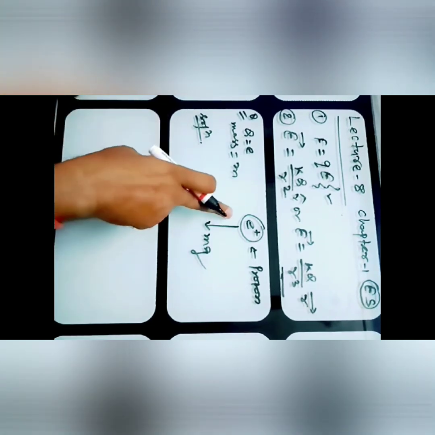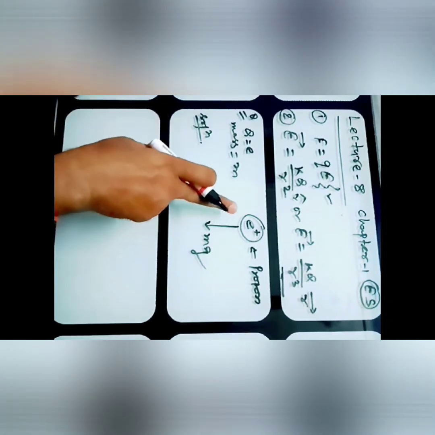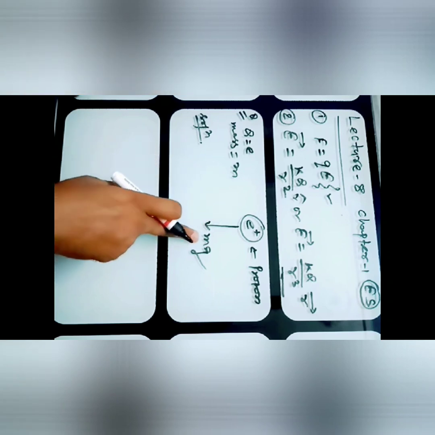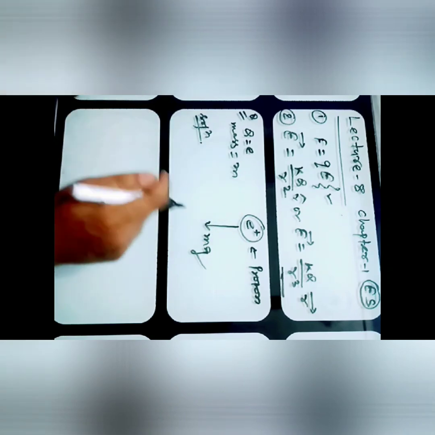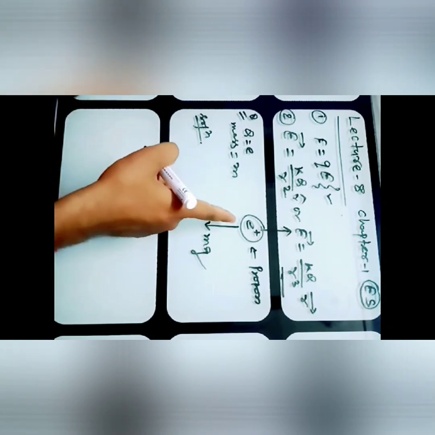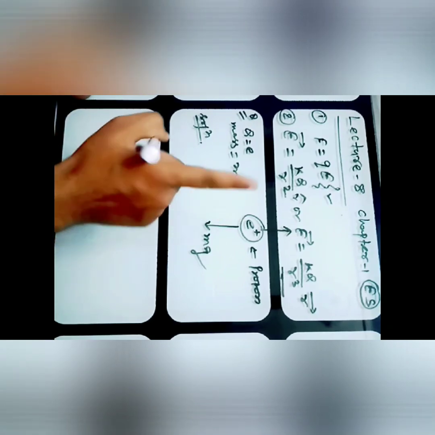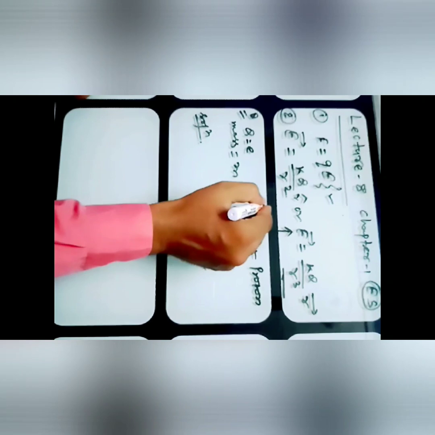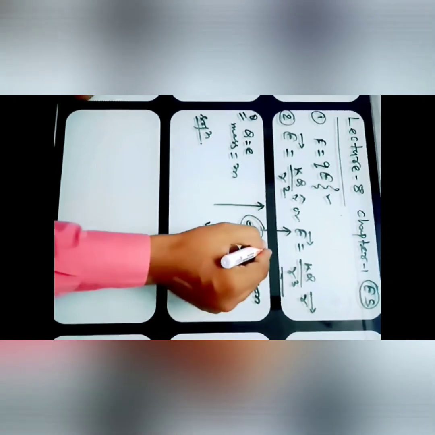Solution. Of course, students, this is a proton, it's positively charged, and it should move down due to gravity, but it is not moving down. It means there's some force acting in the upward direction, and this is a positive charge. Then it is quite obvious the direction of electric field is upward.